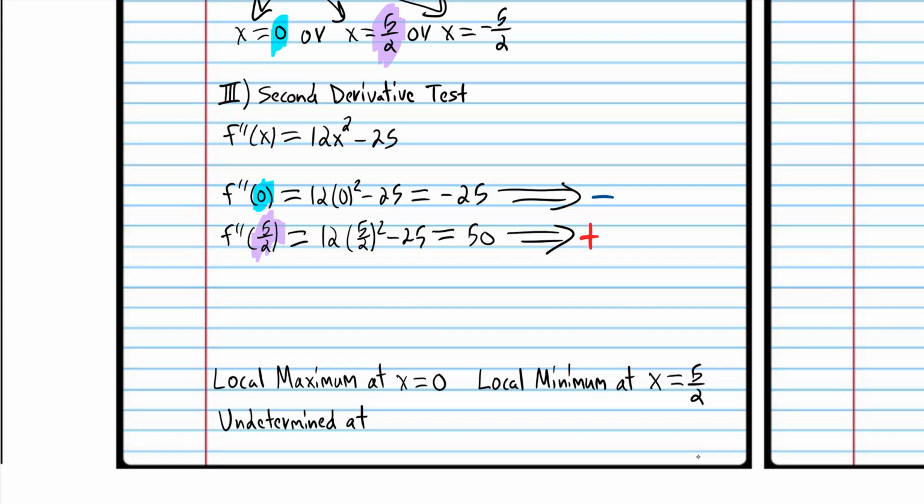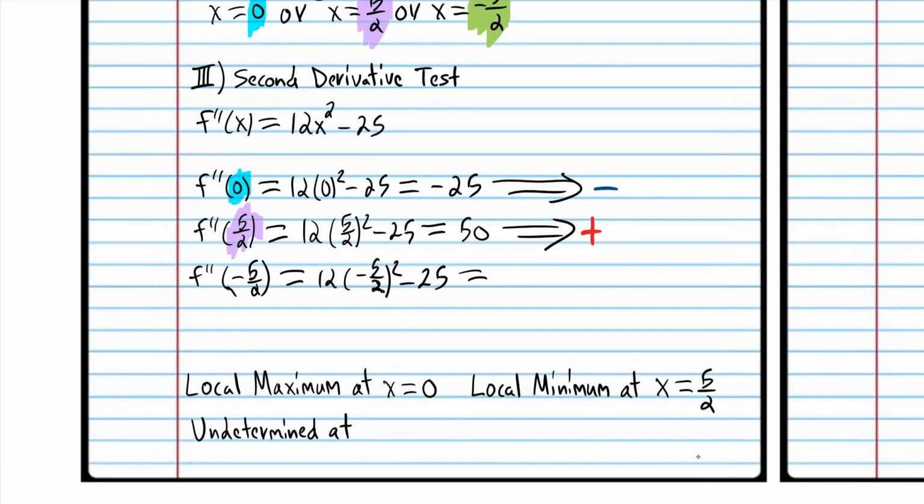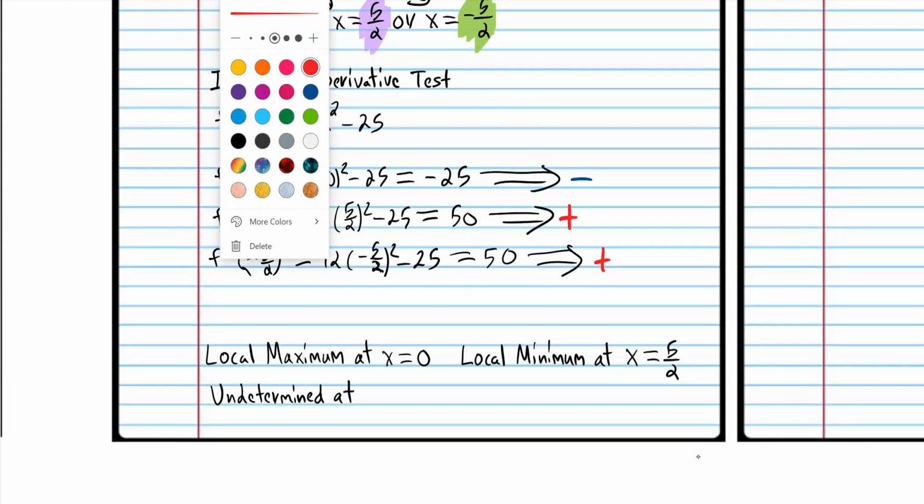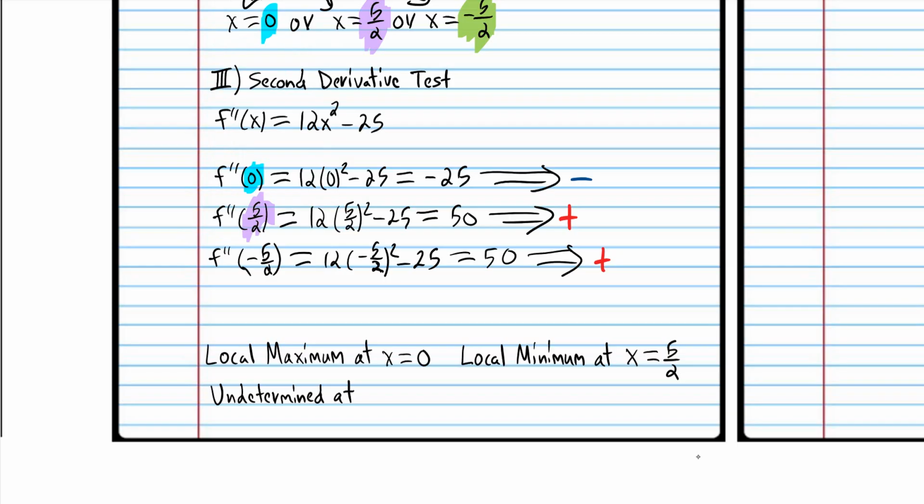We have one more critical number, a green critical number. So plug in -5/2. And looks like we get the same number. So looks like we have another minimum. So we can put comma -5/2.